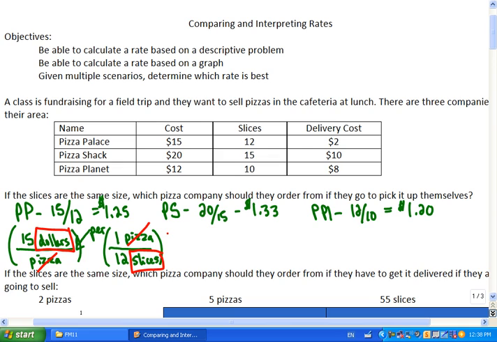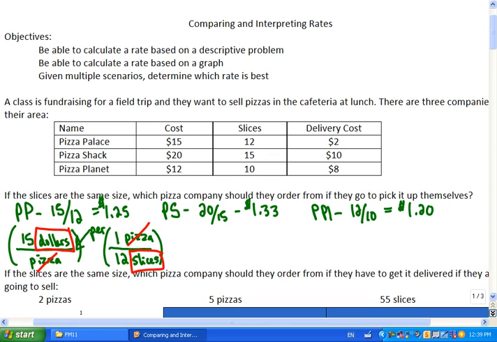So that's one way when we get to tougher problems. By canceling out your units, you can figure out how to move from one measurement to the other one. And we'll practice that, but I just want you to see it for this first one. So now it becomes an easy question to answer. Which one would you order from? Pizza Planet, yeah.